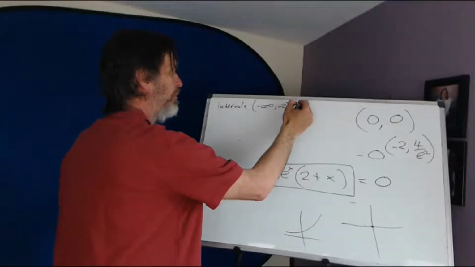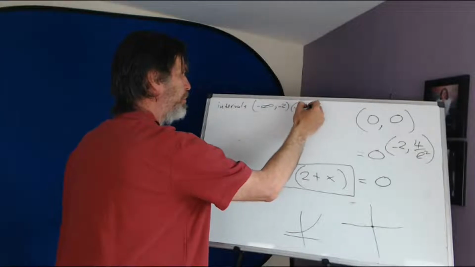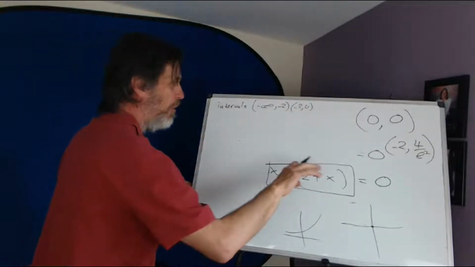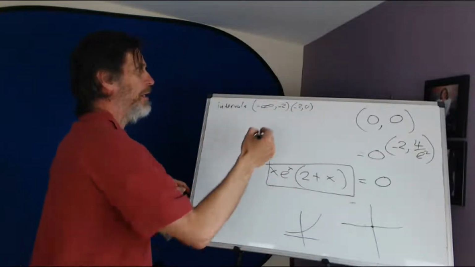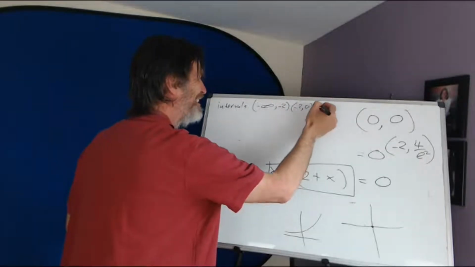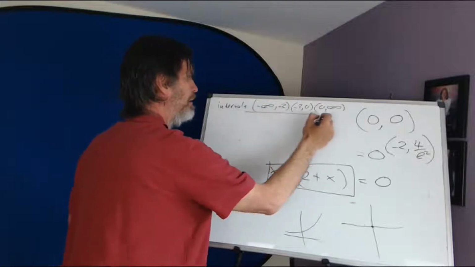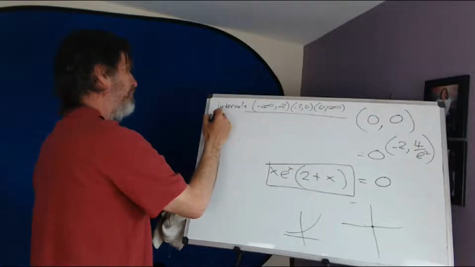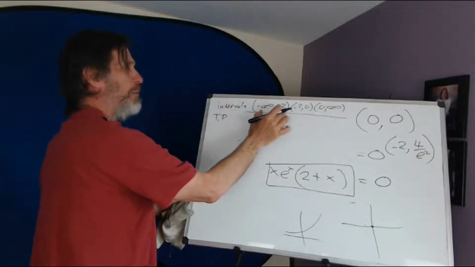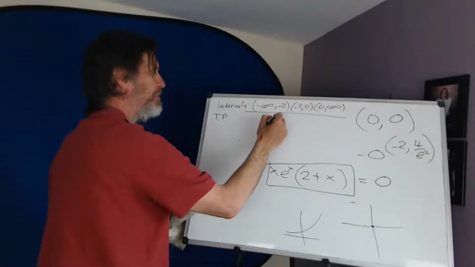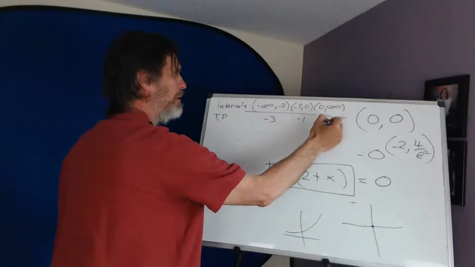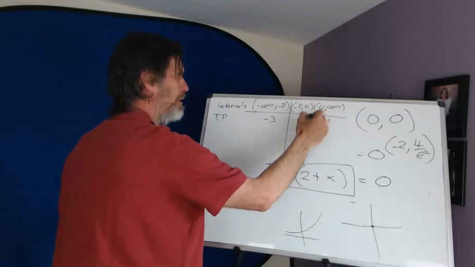The second interval will be between the 2 critical points, negative 2 to 0. I've already assumed that it's declining there, or decreasing there, and then the last one would be from 0 to infinity. We want to now find a test point.